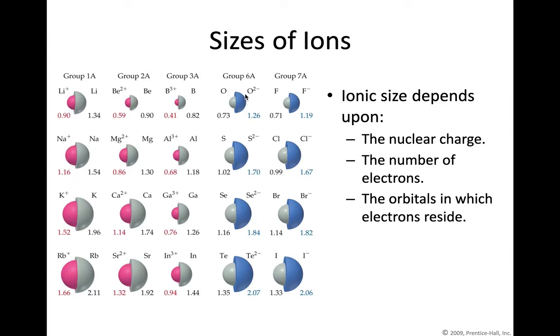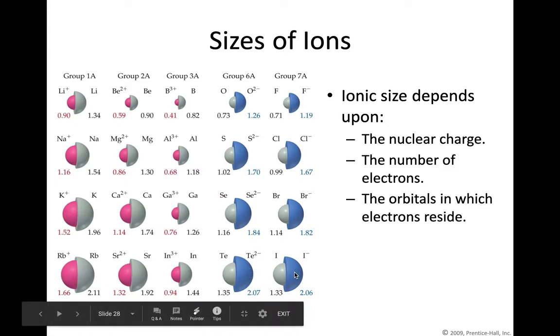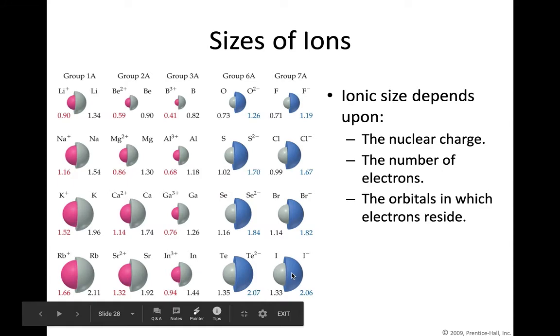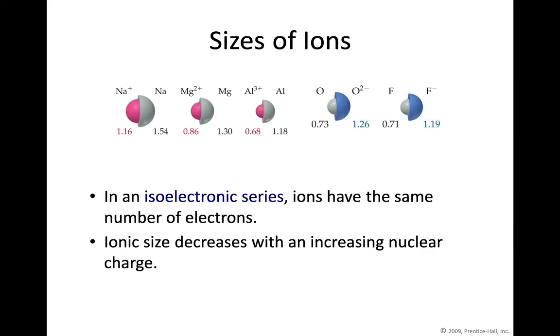For the anions, our anions get larger because we're adding electrons. We're making it harder for the protons in the nucleus to hold on to all of these electrons. Now they're having to spend some of their energy on an extra electron, and so they're not able to hold everything in as closely. In an isoelectronic series, we'd have ions with the same number of electrons.